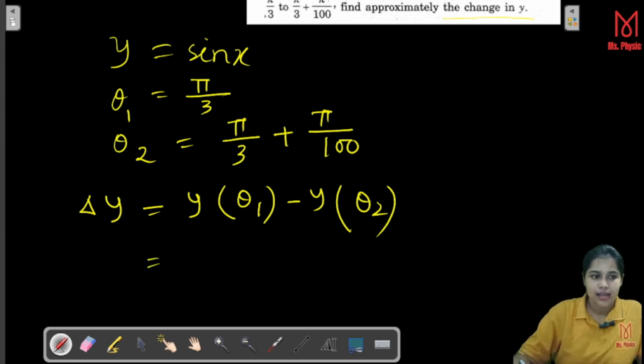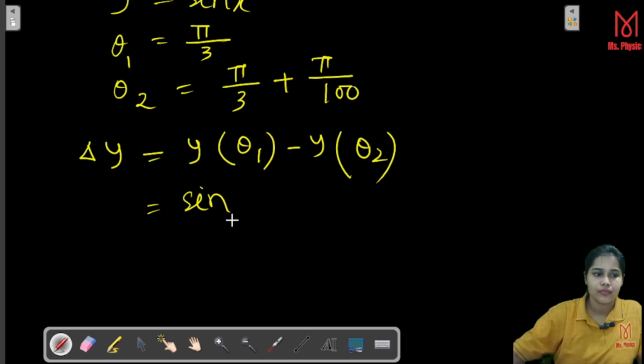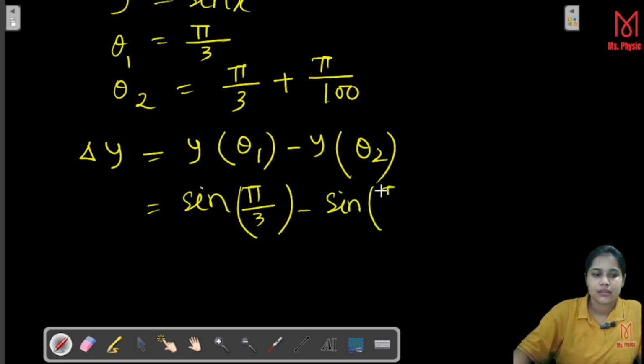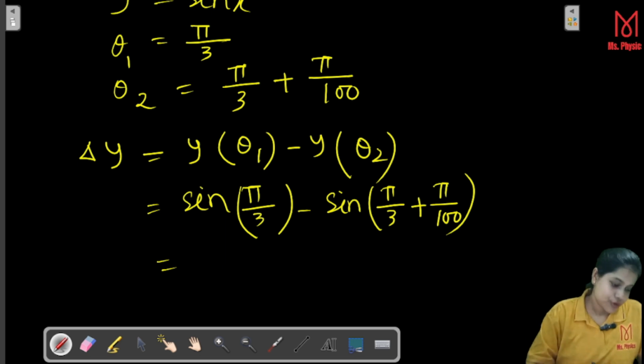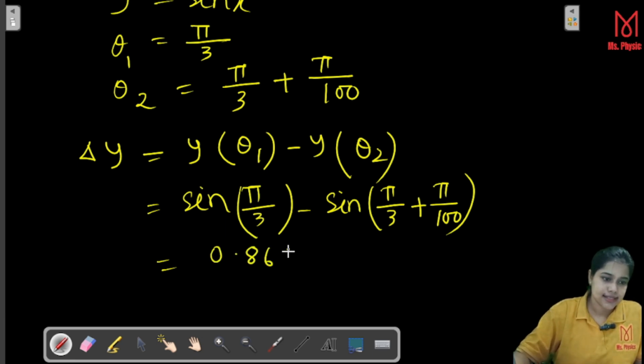Now here you have to calculate this in your calculator, that is sine pi by 3 minus sine of pi by 3 plus pi by 100. I have calculated it. If you put the values in the calculator, you will get 0.866 minus 0.881.